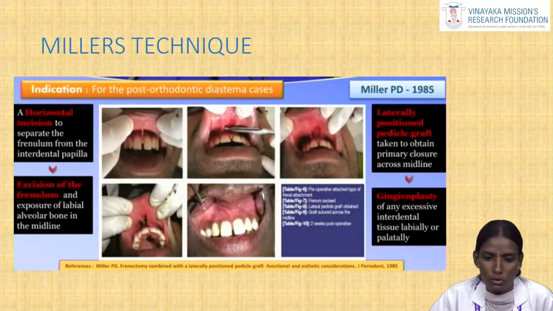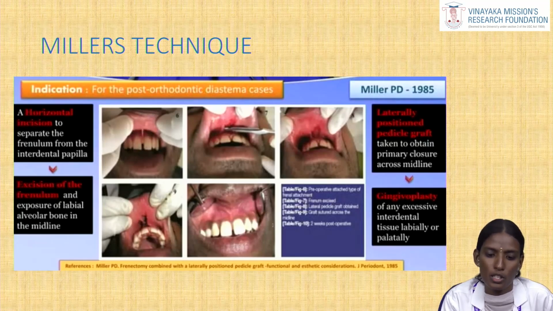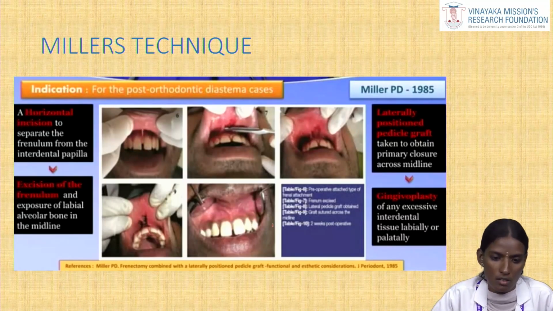Later this is followed by lateral positioning of a pedicle graft to obtain primary closure of the midline. Then gingivoplasty, which is the post-operative excision of interdental tissue labially or palatally. In this lateral positional technique, primary closure is obtained across the midline.